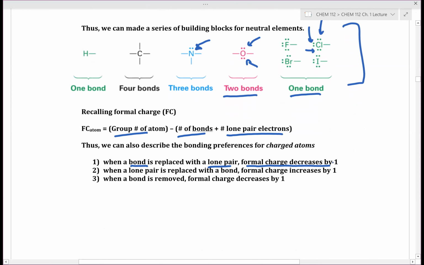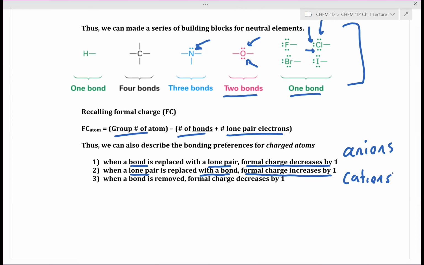This is commonly used to describe anions. You'll notice many anion formulas have 1 less hydrogen, and as a result, they end up with a negative charge. When a lone pair is replaced with a bond, the formal charge increases by 1. This is mainly describing the cations.